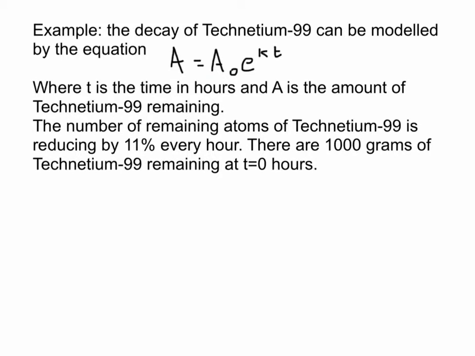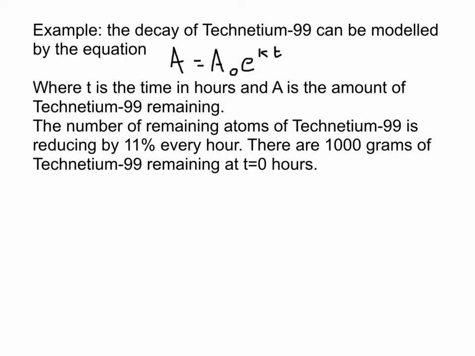The decay of technetium-99, which is used in medical treatments for cancer usually, can be modelled by the equation A equals A0 times e to the power of kt, where t is in hours and A is the amount of technetium-99 remaining, in grams. The number of remaining atoms of technetium-99 is reducing by 11% every hour, and there are 1,000 grams of technetium-99 remaining at t equals 0 hours.